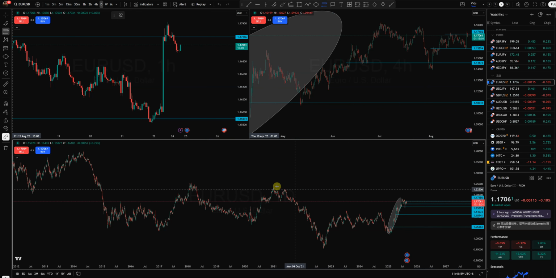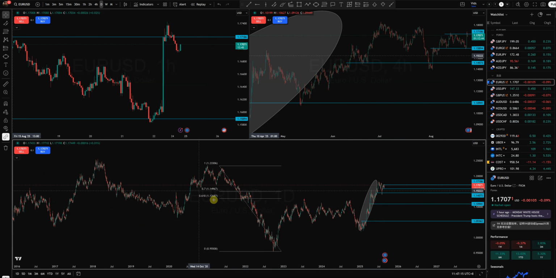Now, if we see this as the last downward momentum, and we drag the Fibonacci, here we can see the price tried to break through the 0.61 level one time, two times, but did not succeed.